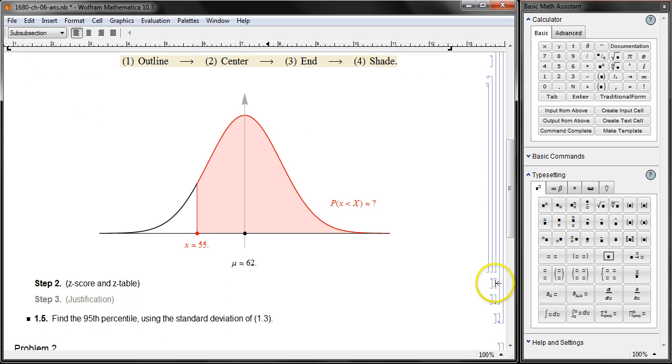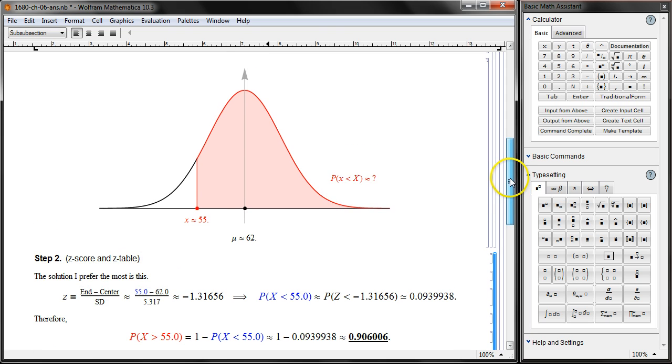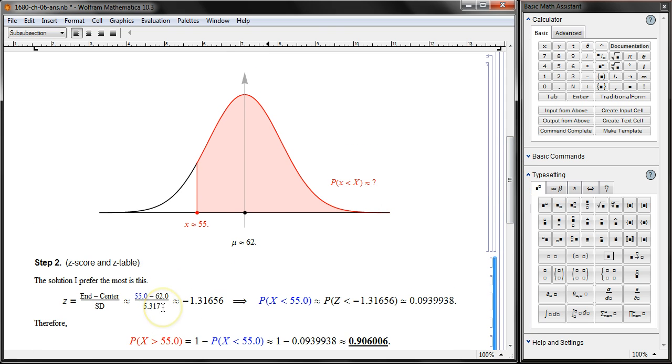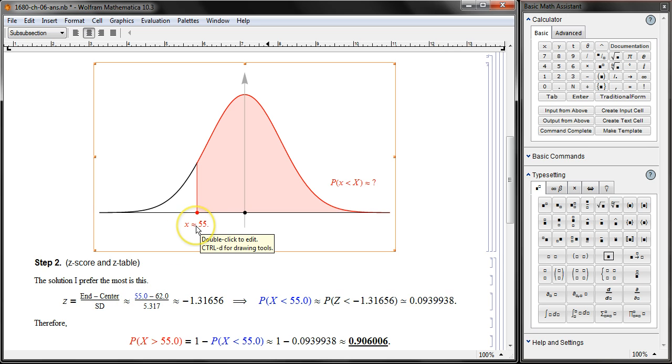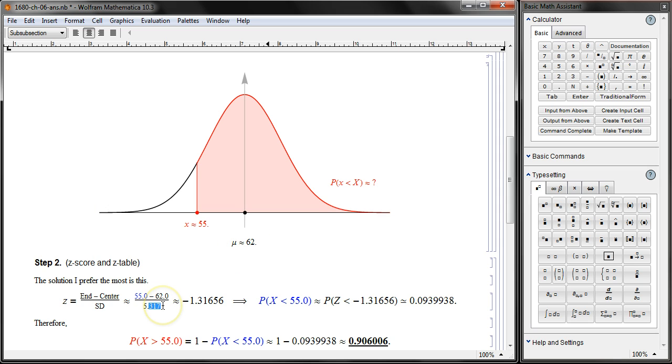Well, here is the computation. N minus center over SD. N is 55, center is 62, and the denominator, standard deviation, is 5.317, as we calculated in the previous problem. Run your calculator, you're going to get something like negative 1.31 something.